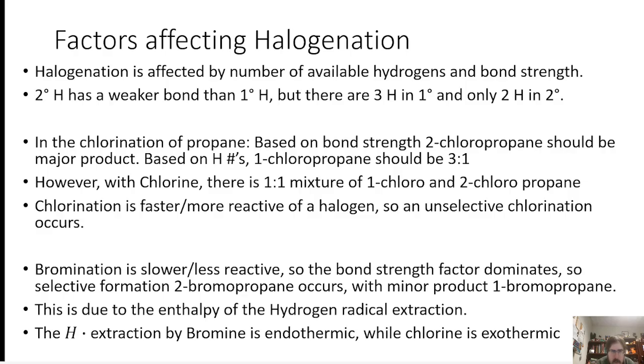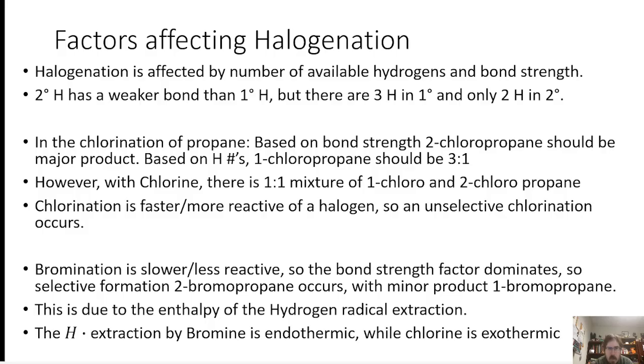Now bromination, remember we said fluorination was too strong, too fast, and iodination is too slow. So moving down from fluorine to chlorine, bromine is slower and less reactive. This will be a trend we'll see often, that bromination is the slower and more controllable reaction.